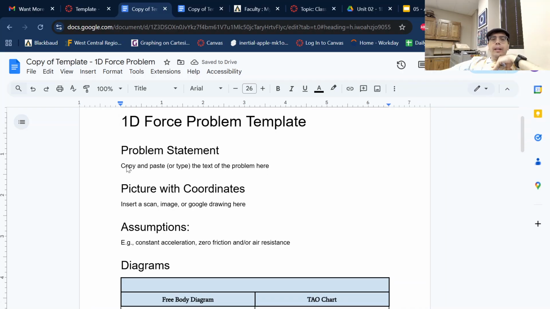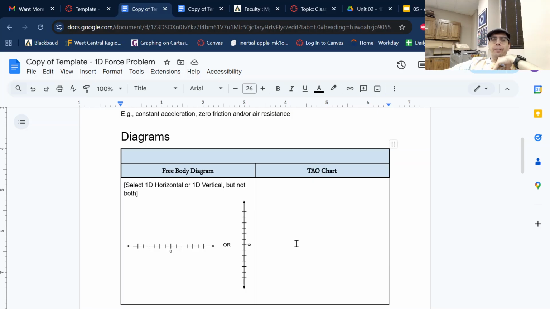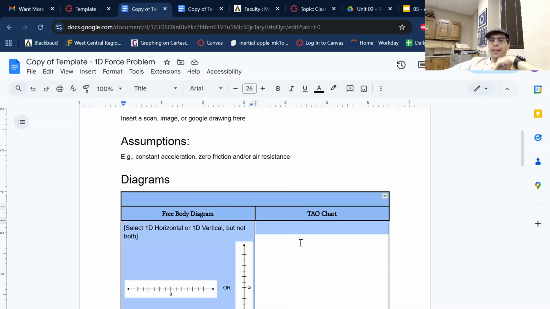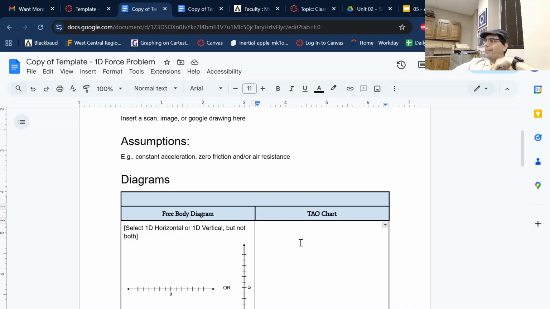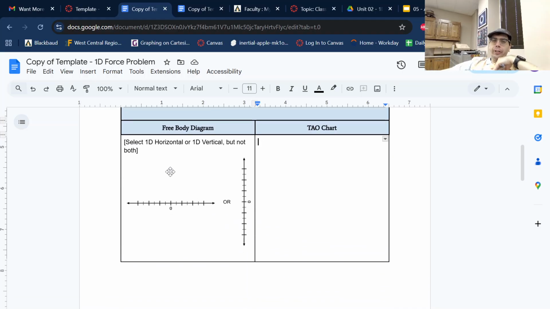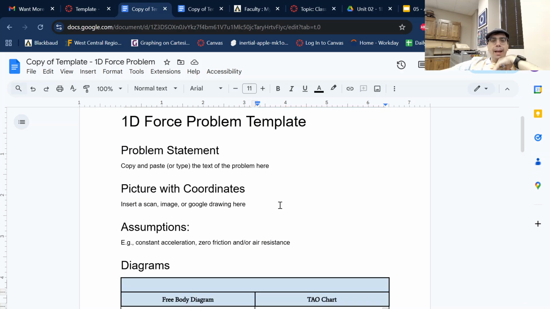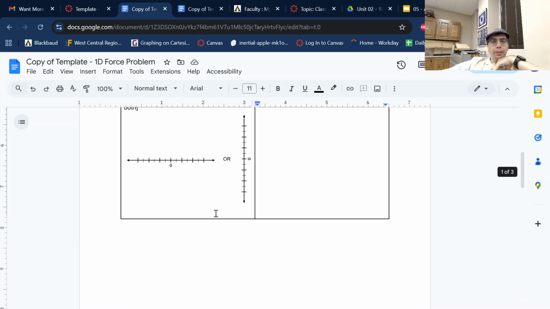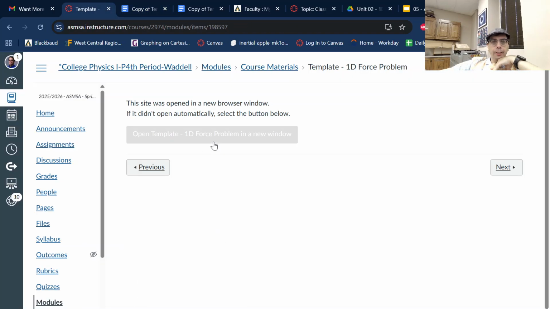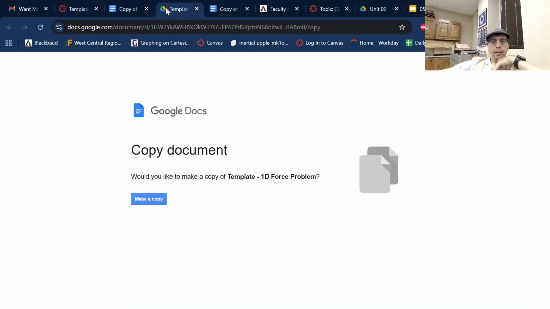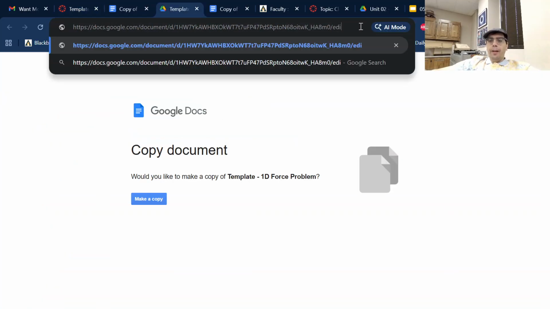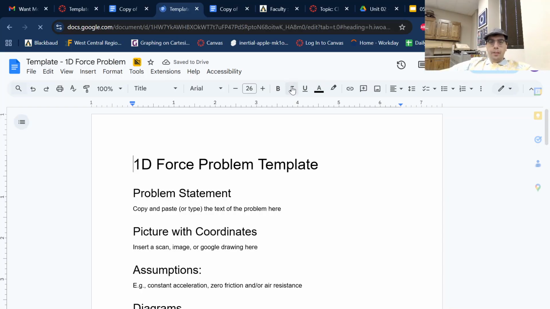And a lot of the steps are very similar to the steps that we had for kinematics problems, but some of the details are different. So, for example, instead of making graphs of position and velocity and acceleration, I'm asking you to draw a free body diagram, which is where you put the dots and everything. Let me fix this a little bit.